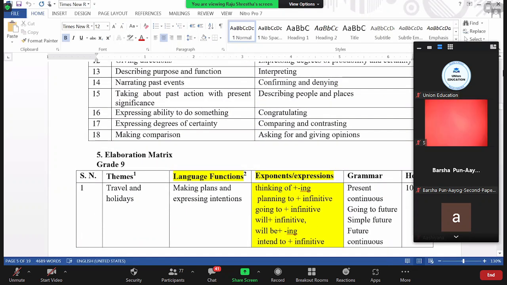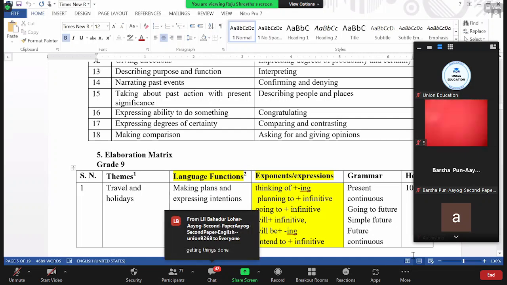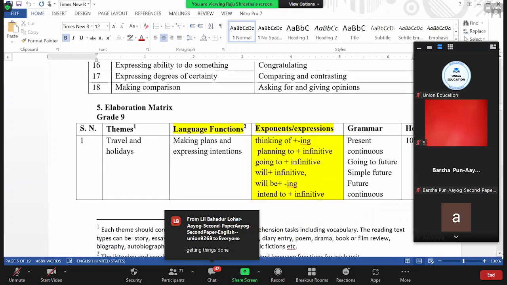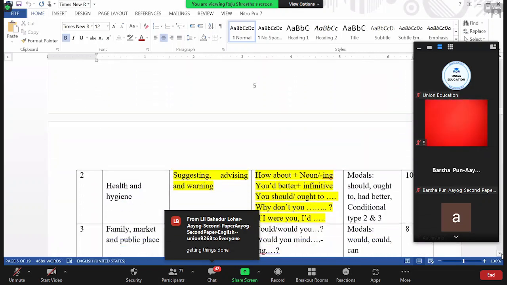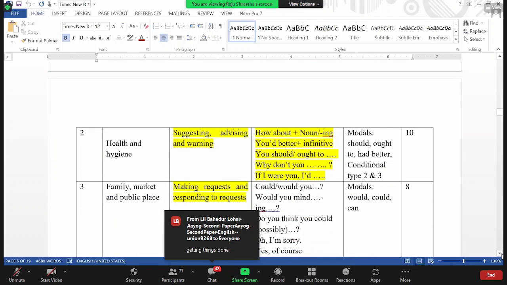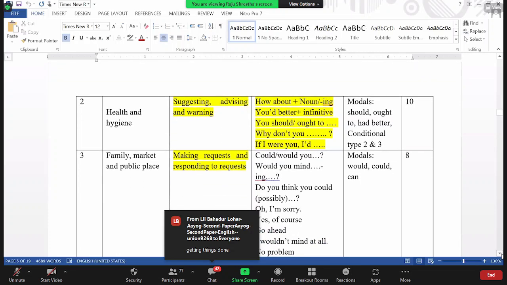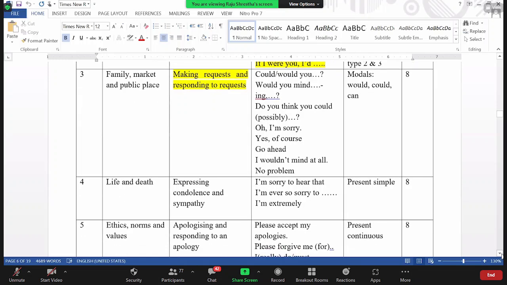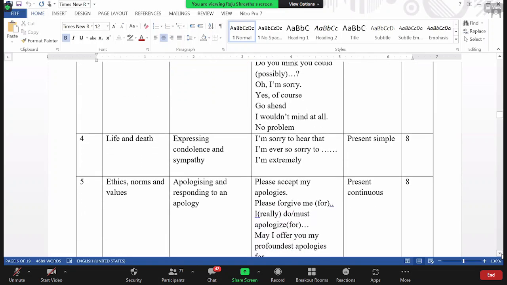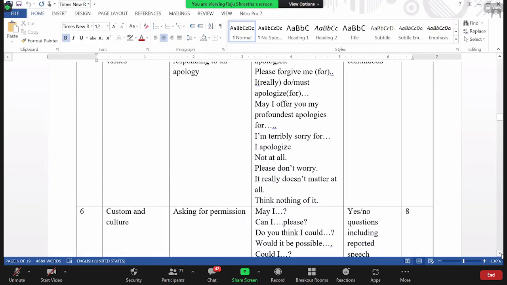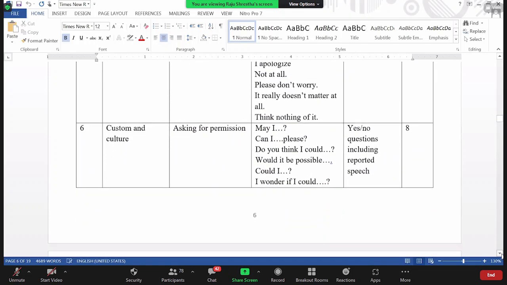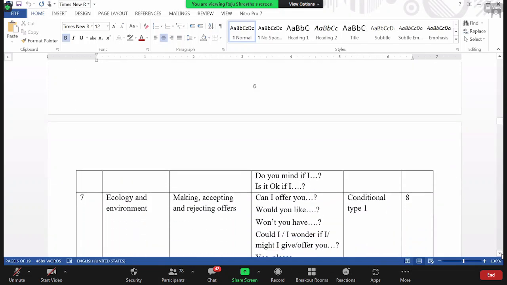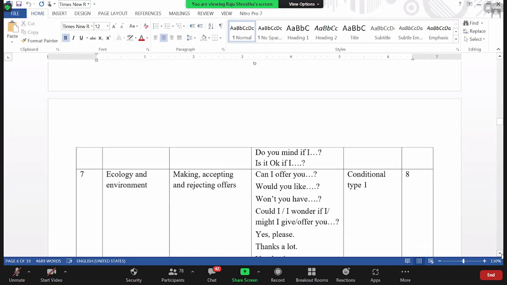Yes, these are the language functions. Making plans and expressing intentions. We use this. And suggesting, advising, warning, making requests, responding to requests. These are the structures. Expressing condolence and sympathy, apologizing and responding to an apology, asking for permission, making and accepting offers. Yeah, the offer is here.